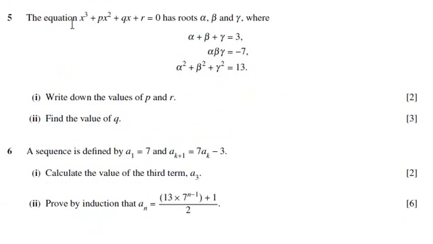Now question 5, equation x cubed plus px squared plus qx plus r has root alpha, beta, gamma, and it gave you all the stuff. And now we need to find the value of p and r.